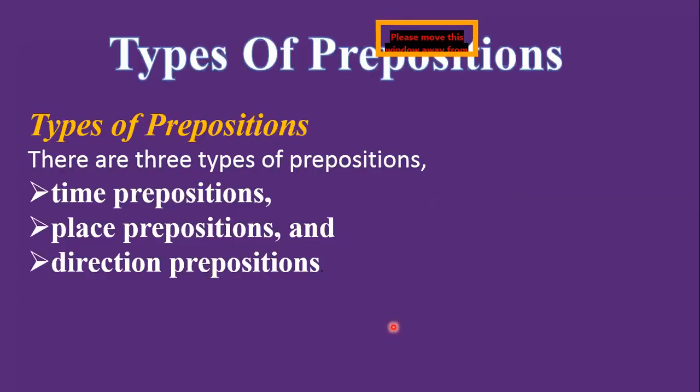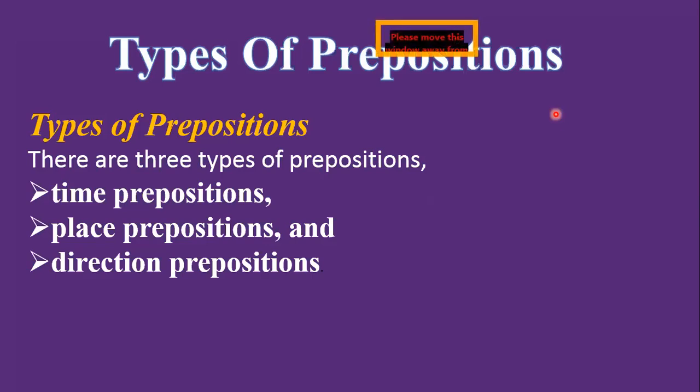Okay, so types of prepositions. There are three types of prepositions: time prepositions, place prepositions, and direction prepositions. That means there are three different ways in which we can use prepositions.